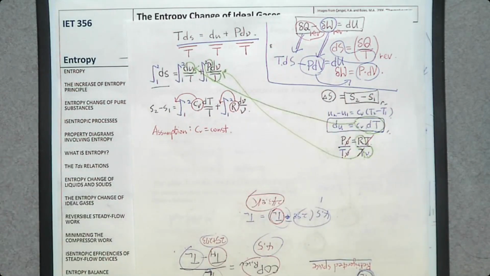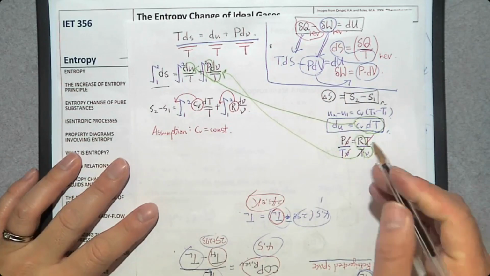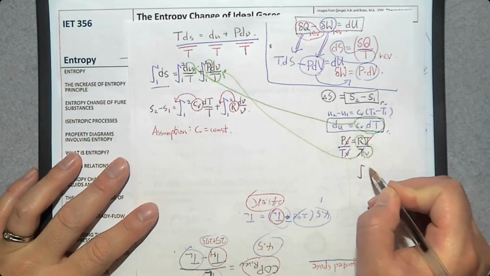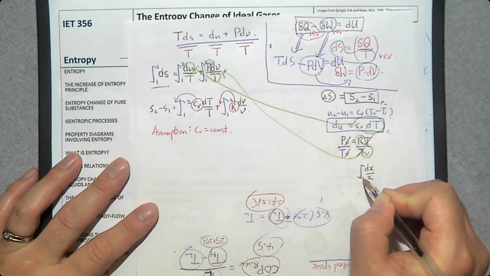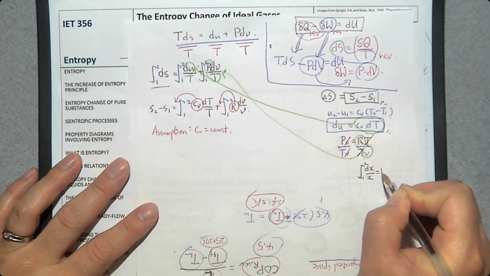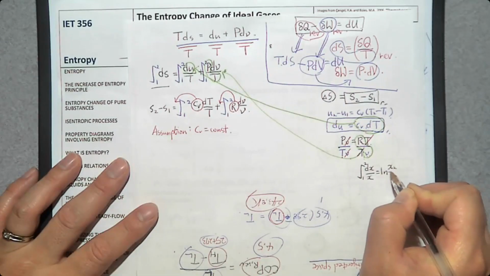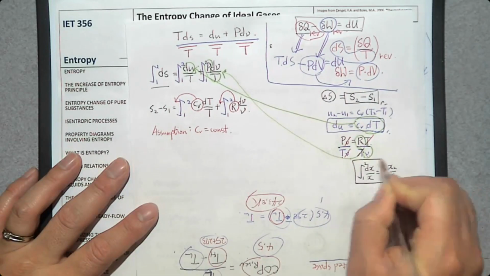So what do we have? Integral of dT over T, integral of dv over v. So how can you solve it? Integral of dx over x from 1 to 2 is going to be natural log x2 over x1.